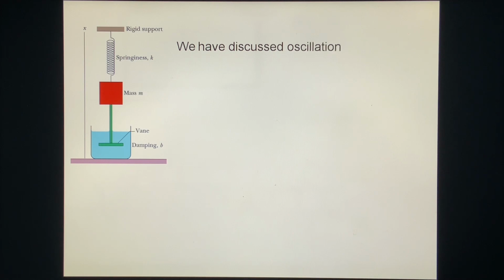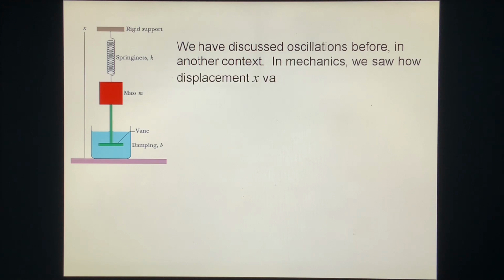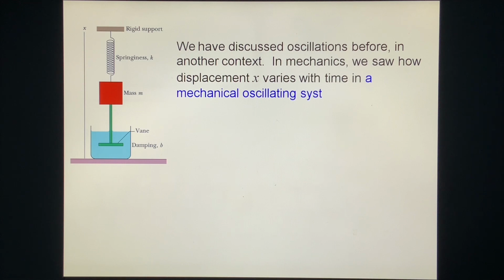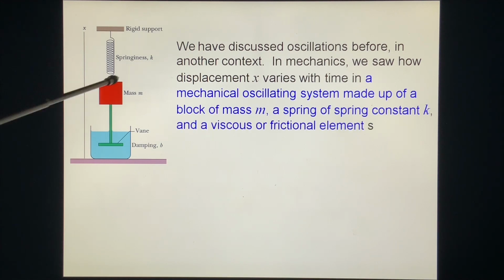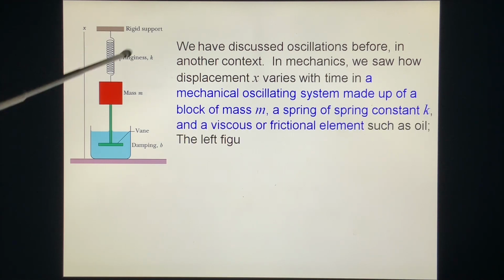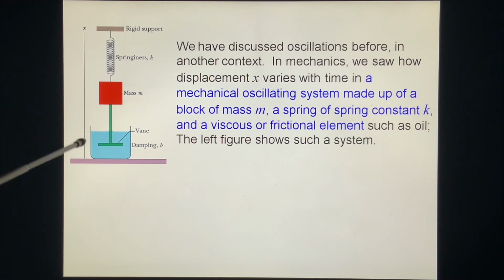We have discussed oscillations before in another context. In mechanics, we saw how displacement x varies with time in a mechanical oscillating system made up of a block of mass m, a spring of spring constant k, and a viscous or frictional element such as oil.